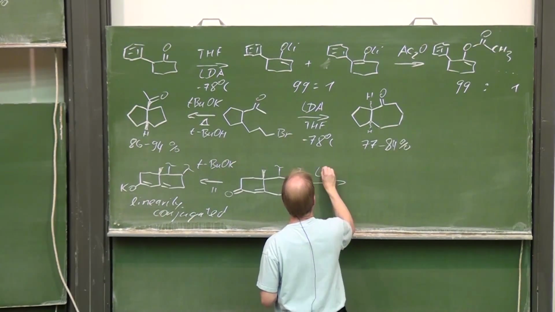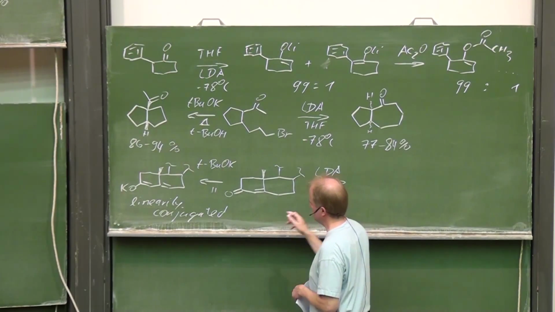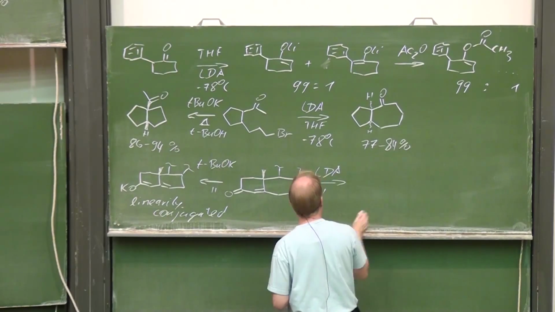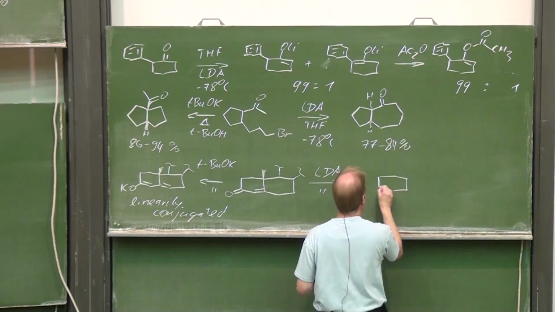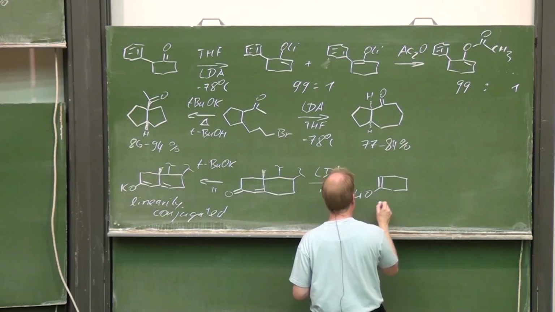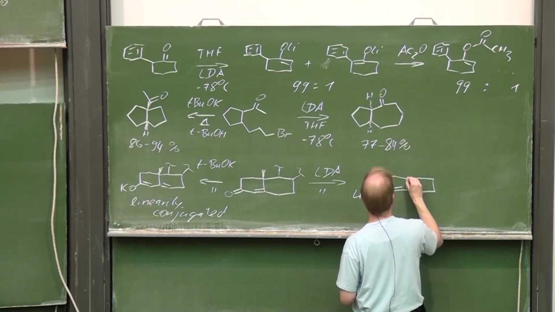And on the other hand, with LDA, again THF minus 78 degrees, we will deprotonate here to get the cross-conjugated lithium enolate.